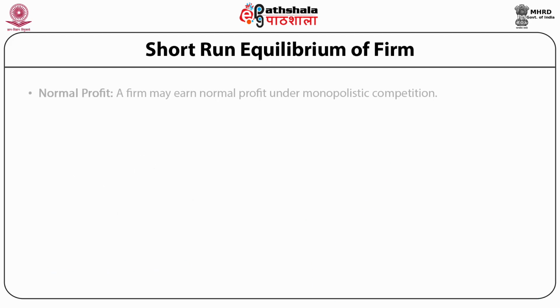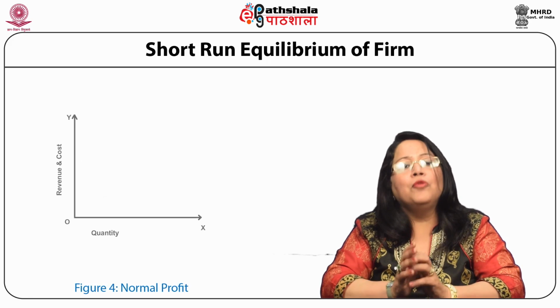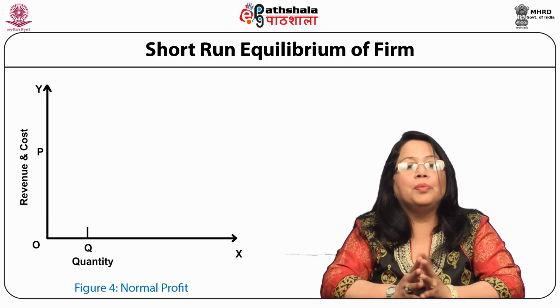PABP1. Normal profit. A firm may earn normal profit under monopolistic competition. It is a situation when average revenue is equal to average cost at the equilibrium level of output. So, AR is equal to AC. Figure 4 shows the normal profit.